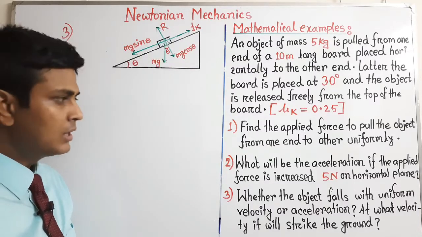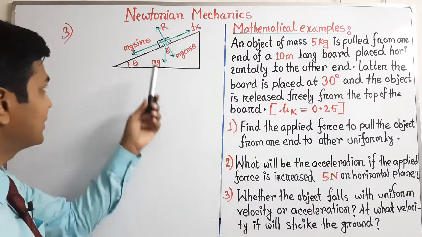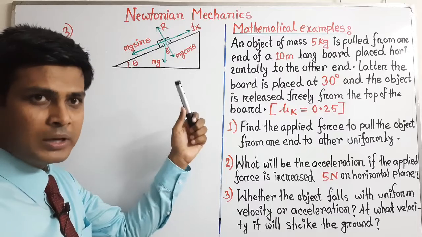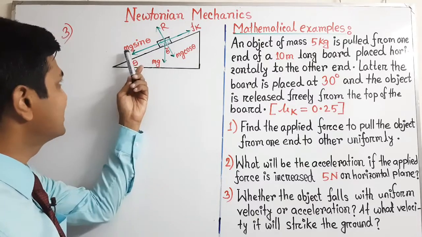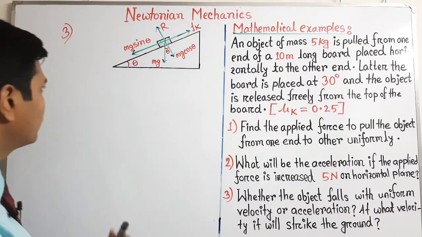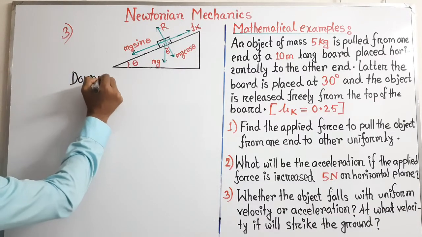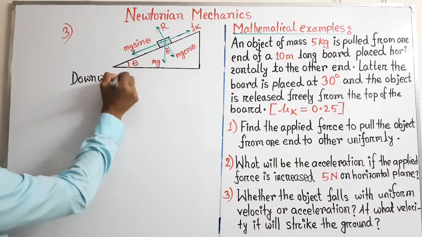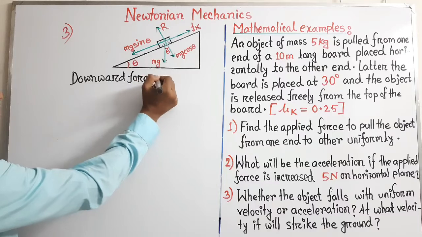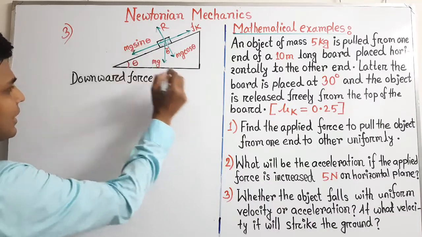Now let's come to the question. We have to find out whether that motion is uniform velocity or acceleration. That is why we have to calculate the downward force, which is mg sin theta, and the frictional force. We know the formula to calculate the downward force: downward force is mg sin theta.